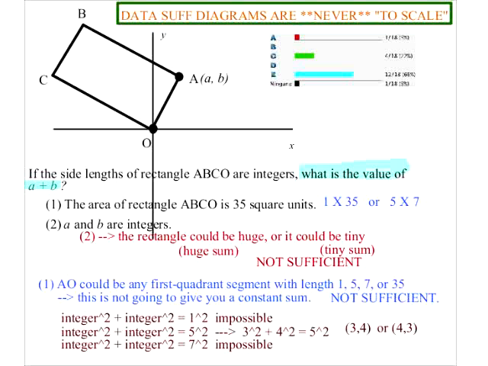And then if you've got integer squared plus integer squared equals 35 squared, 35 squared is a big number, but you can realize it's the same Pythagorean triple as this, just times 7. So instead of 3, 4, 5, it's going to be 21, 28, 35.